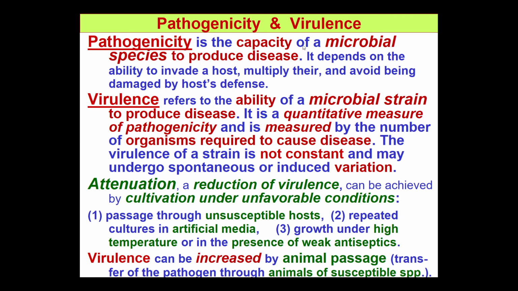Pathogenicity is the capacity of a microbial species to produce disease. What is the critically important word? Microbial species. It means pathogenicity is a characteristic of a species. It means the total collection of all the strains of the given species in the world.